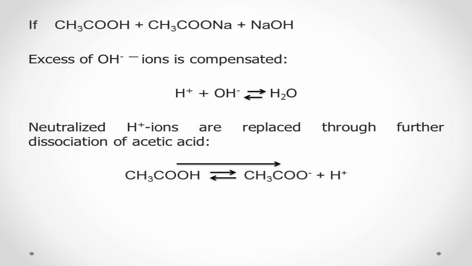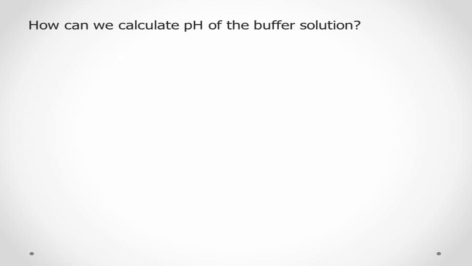Because H plus ions are being consumed, the equilibrium shifts to the right. Acetic acid continues to dissociate, producing new H plus ions, so their concentration remains virtually unchanged, and the pH stays constant.